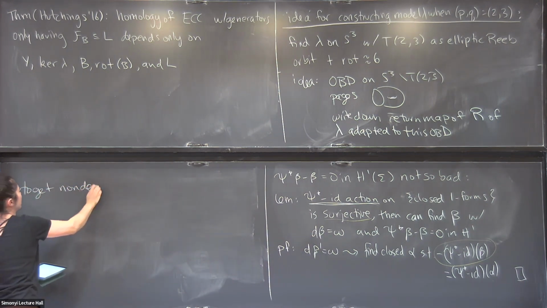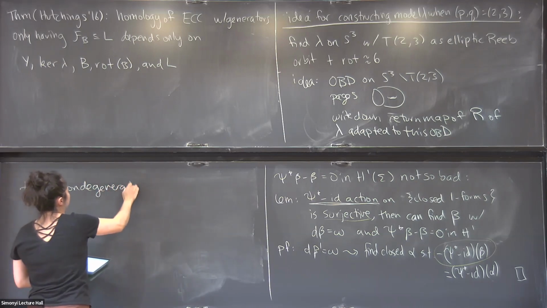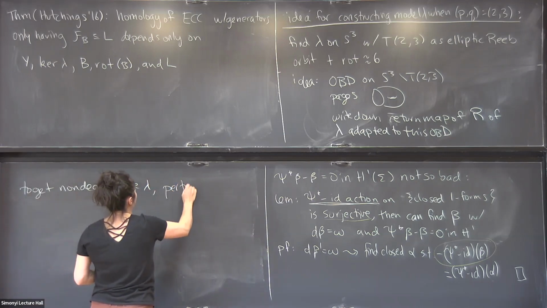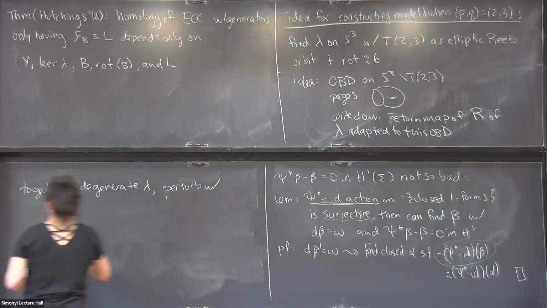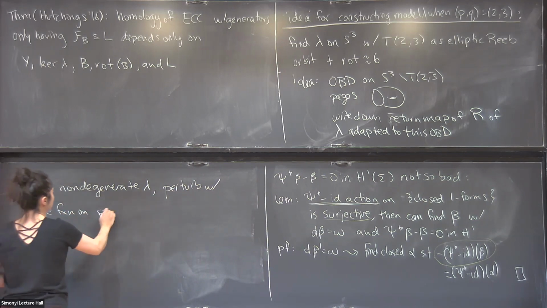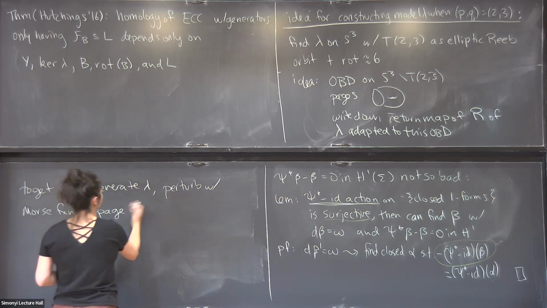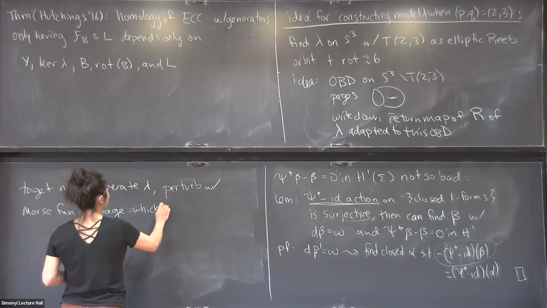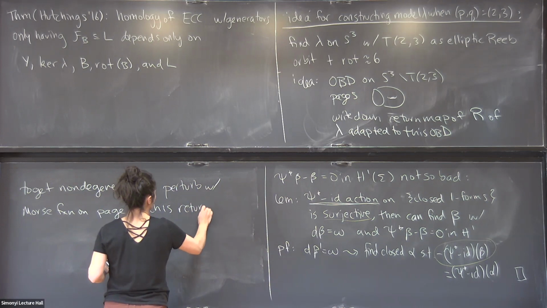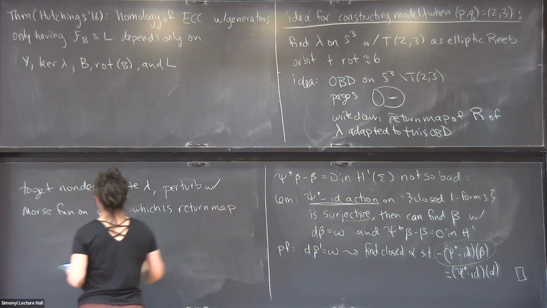So the point is that, to get non-degenerate, I need to perturb a Morse function on the page that is return map equivariant.